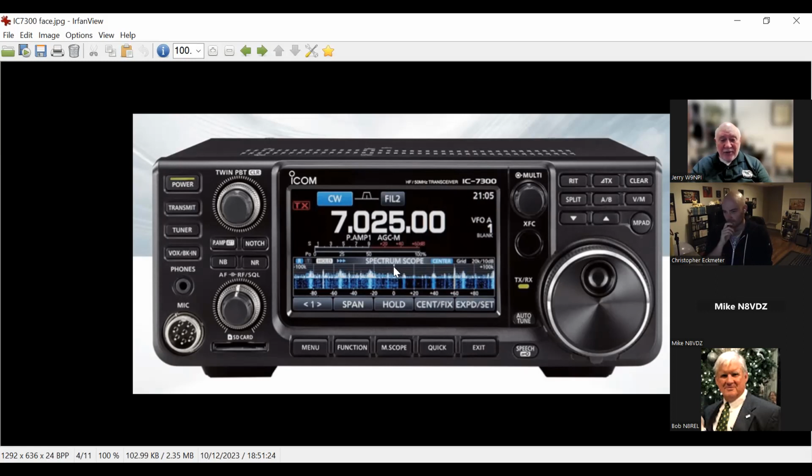So this will go up to, I guess, 7075, or down to, well, goes down below where we can operate. But anyway, it shows you the various signals that are on. And with this, all you have to do is push your finger on the signal you want, and it'll go there pretty close.